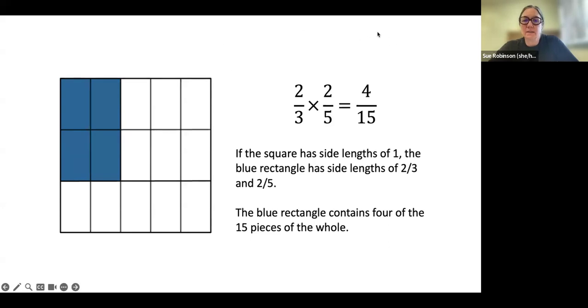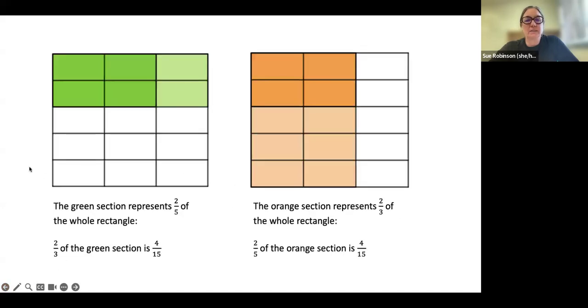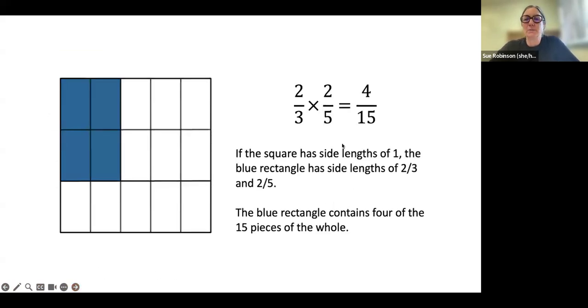This square took me a while, because in this model, I need a square that has side lengths 1, so I had to play around with the diagram. It's slightly different from the previous rectangles. But I just wanted to show that there are more ways of thinking about multiplication than just, hey, multiply across.